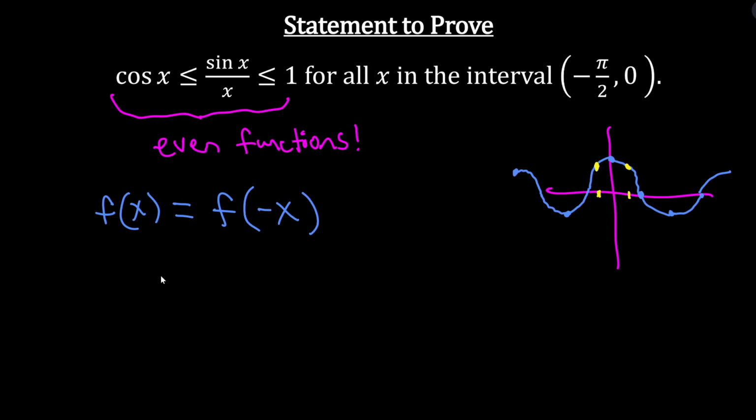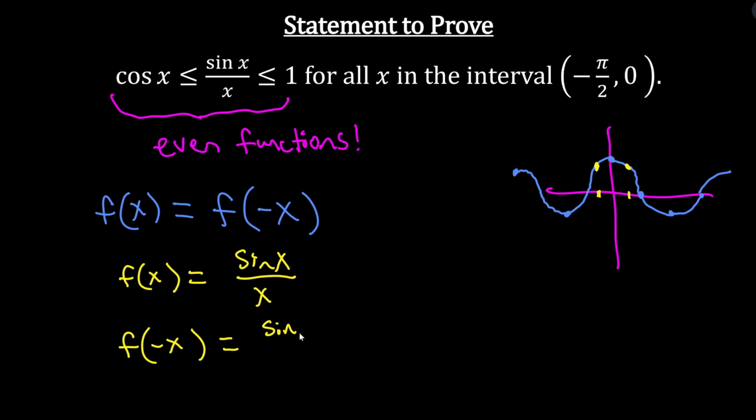So what we can do to actually show it's even is we can compare. We know f of x, if this is the function, f of x is the sine of x over x, then we can say, well, what is f of negative x? Is that the same function, right? So we're going to plug in negative x as our input, and so in the denominator we have negative x.